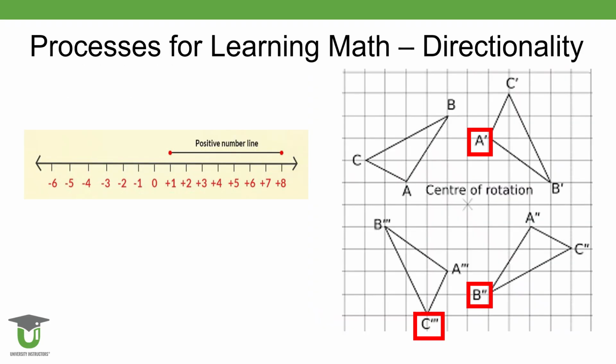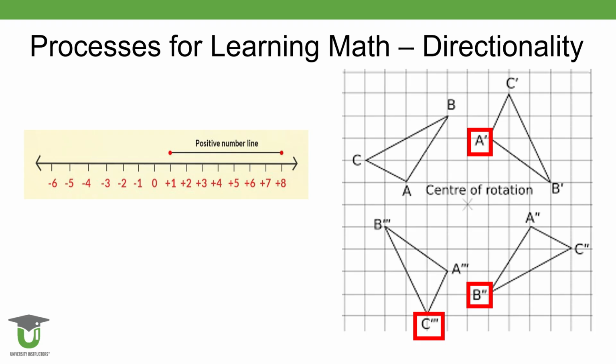Let's start with the way we see the world as children and how that changes. In reading, we learn to read in one direction, left to right, top to bottom. This makes sense when students are introduced to the number line, as pictured on the left. Numbers increase or get bigger as they move from left to right.